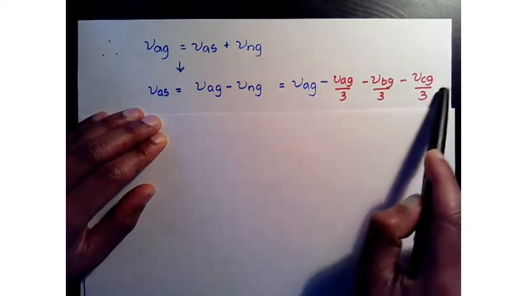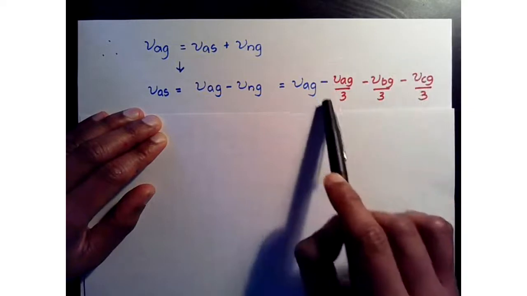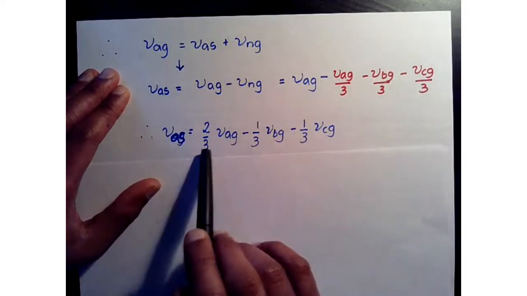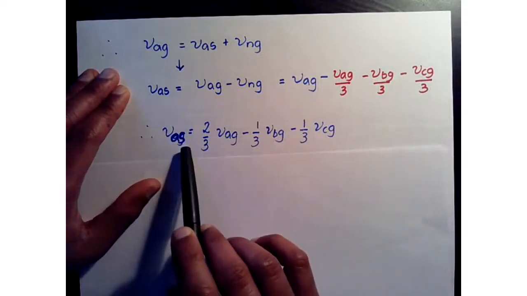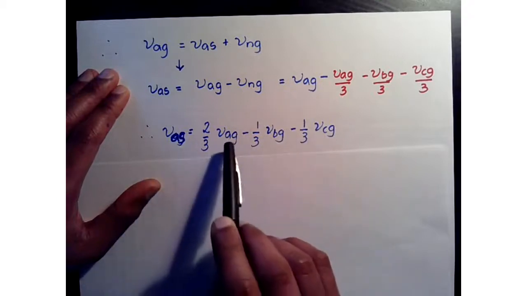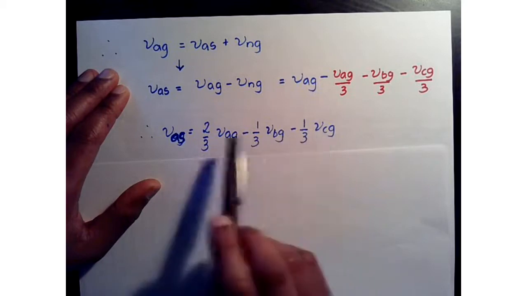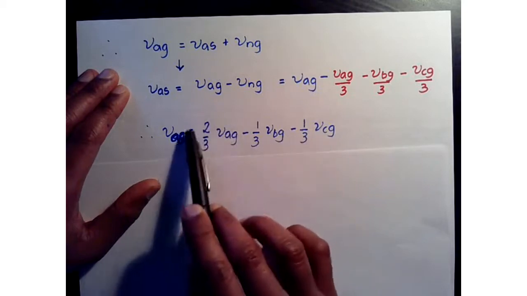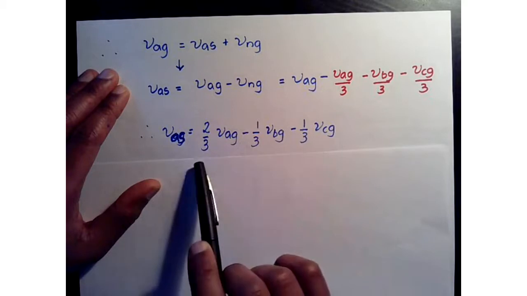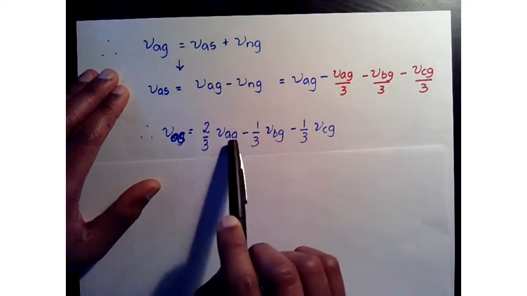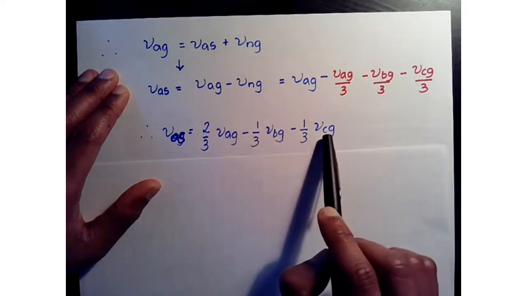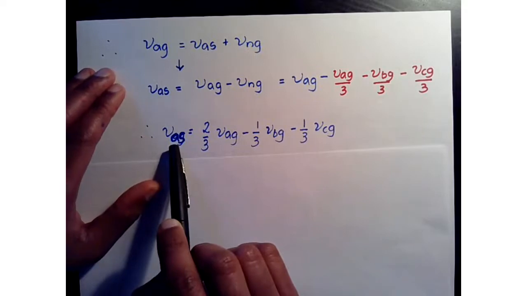Now we can substitute that into our equation here, and we have the following relationship for VAS. So VAS based on the bridge voltages is going to be like this. All three phases contribute to make up our VAS voltage. So 2/3 of VAG minus 1/3 of VBG minus 1/3 of VCG makes up our VAS.